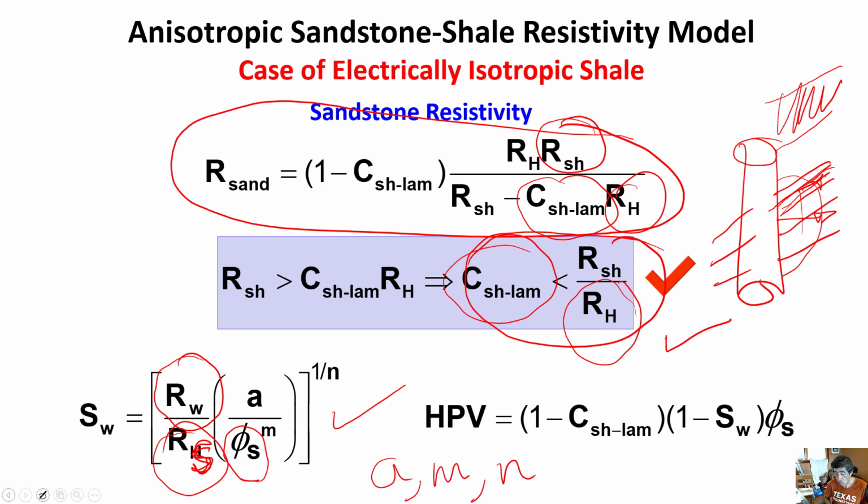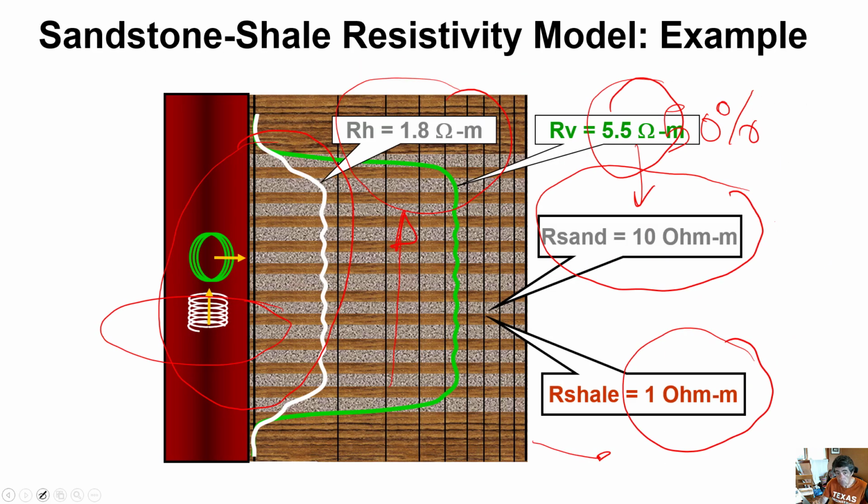To summarize what we did: in this equation, the tools are measuring the horizontal resistivity, and that horizontal resistivity is much lower than the sandstone resistivity. So if I plug in 1.8, I'm going to end up with a lot of water.